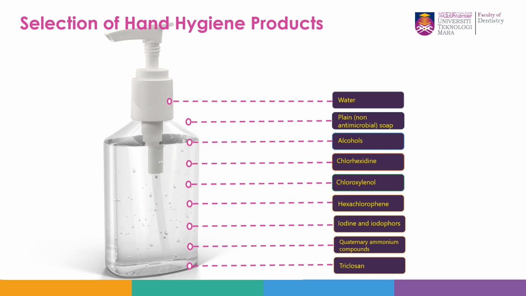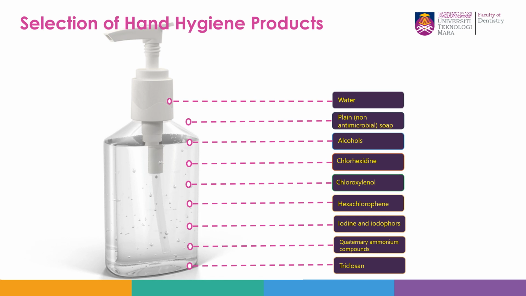So these agents are actually quite effective, but if you ask which one is the most effective, it's actually chlorhexidine, because chlorhexidine has better side effects after use. Alcohol, if you use a lot, can dry up your skin and could cause micro trauma.